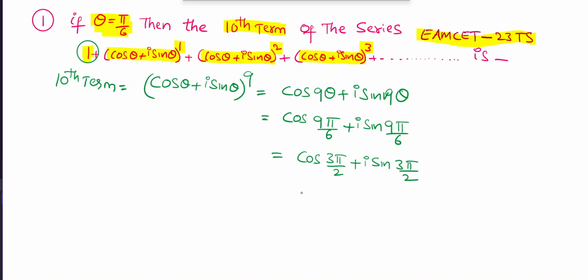Cos 3 pi by 2 is 0, plus i into sin 3 pi by 2. Sin pi by 2 is 1, and sin 3 pi by 2 is minus 1, that is i into minus 1, that is equal to minus i. This is the 10th term of the given series.